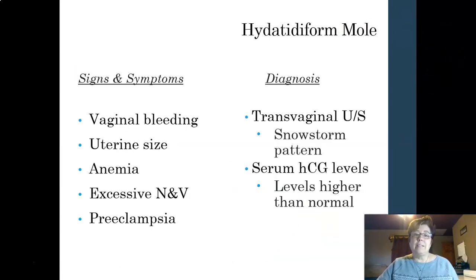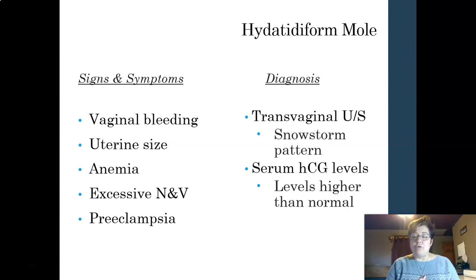Okay. Signs and symptoms. This is usually diagnosed probably towards the end of the first trimester. The woman is going to start having bleeding because these vesicles are going to start to rupture as they become too full inside the uterus. The bleeding is often described as a dark red to brown bleeding resembling prune juice.